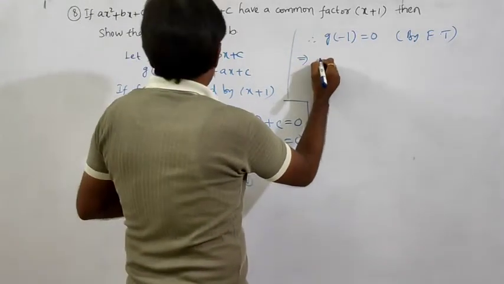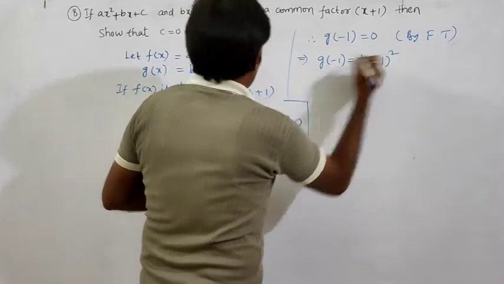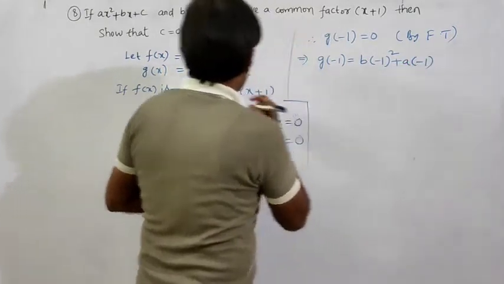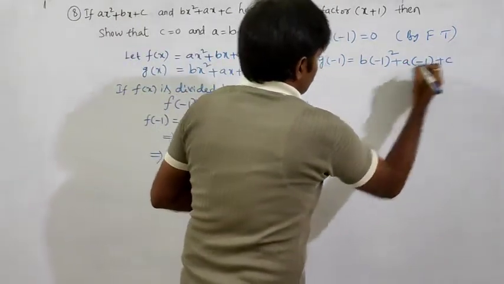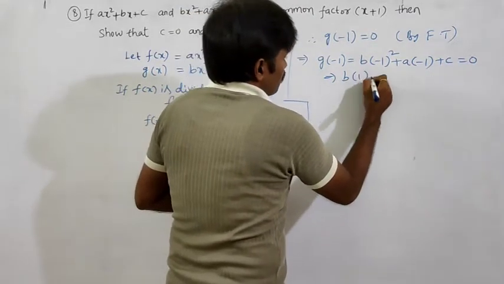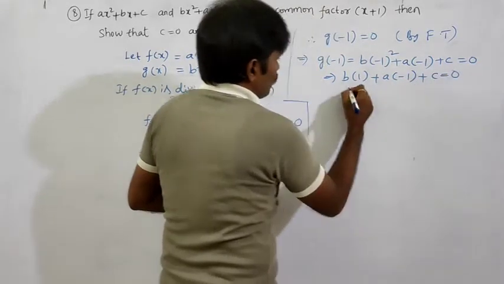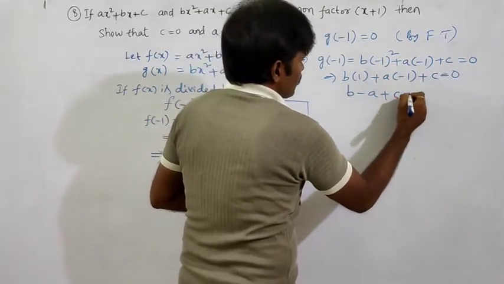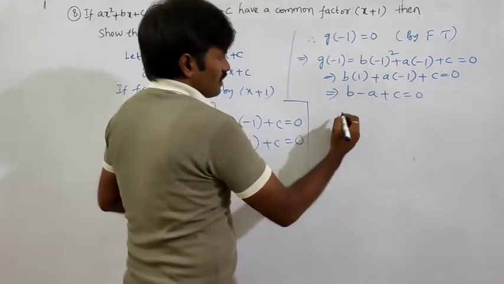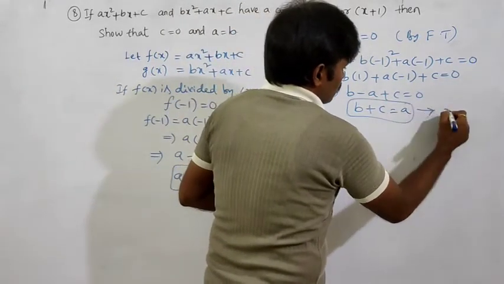So g of minus 1 is equal to b into minus 1 whole square plus a into minus 1 plus c constant, that is equal to 0. Therefore b into 1 plus a into minus 1 plus c is equal to 0. From here b minus a plus c is equal to 0. So b plus c is equal to a. It is equation number 2.